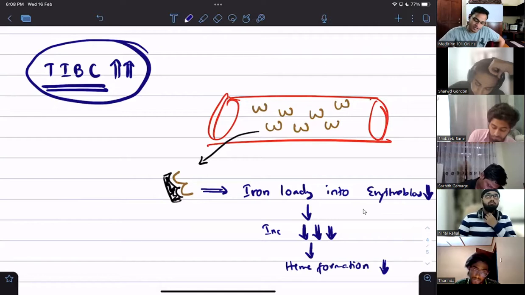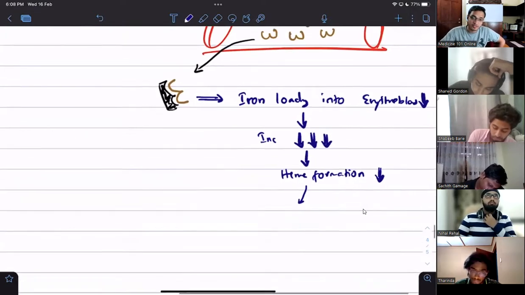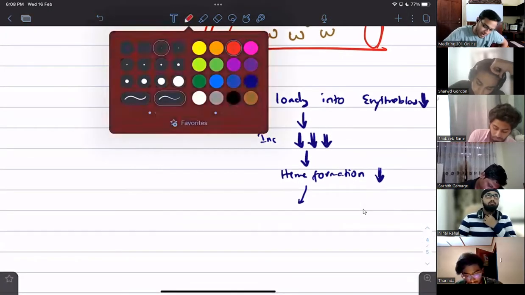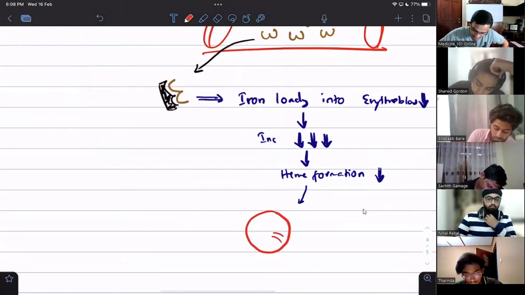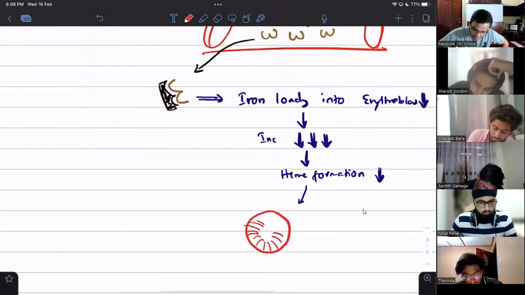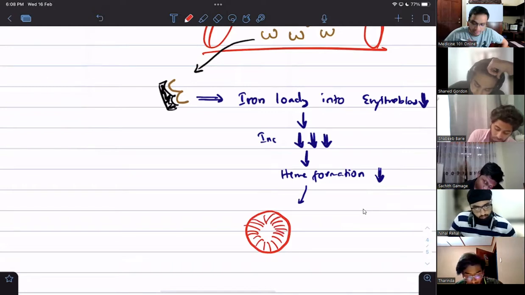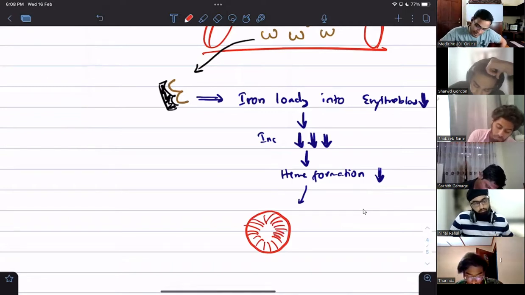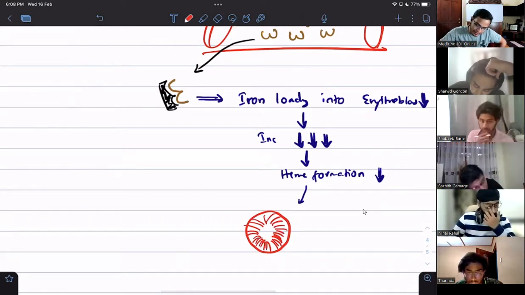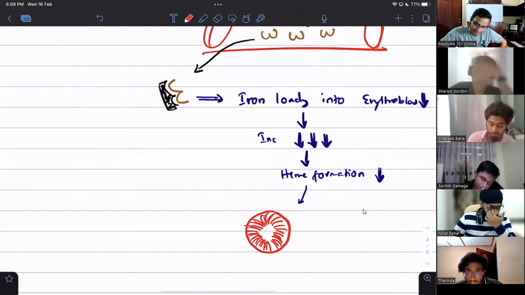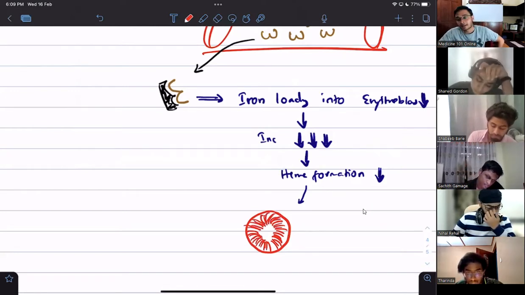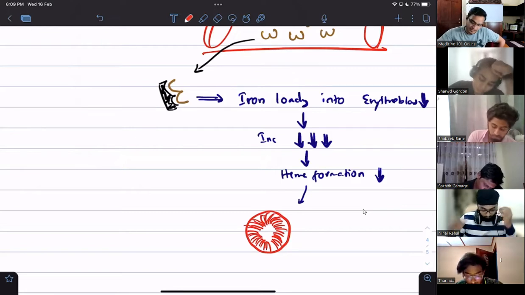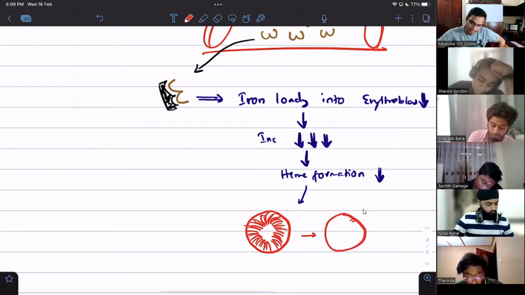What happens when heme formation reduces? You all know, guys, in our RBC, hemoglobin is around the corners, and in the center we have this thing called the central pallor. Now if heme is less, what happens to the central pallor? It will increase.